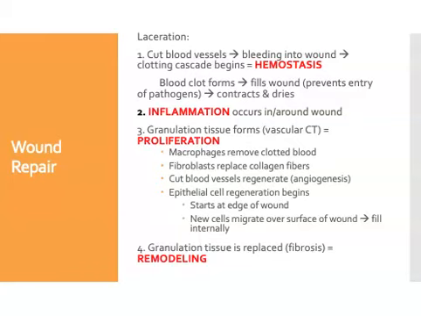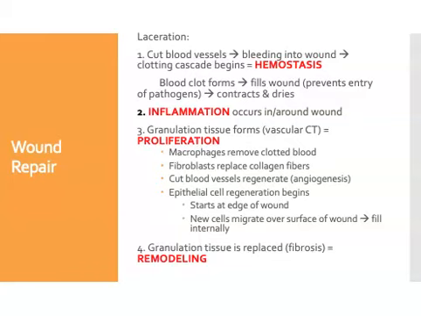The last stage is called remodeling, and this is where the granulation tissue is going to be replaced. This is where the granulation tissue, that very vascular connective tissue, will be replaced with the normal epidermis and dermis of the integument.